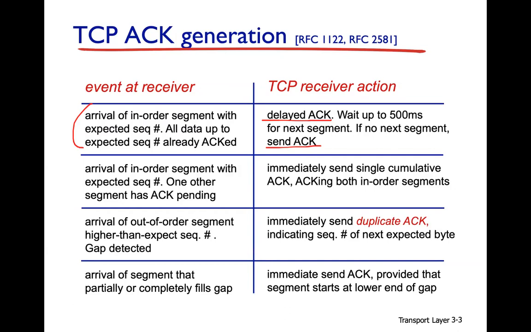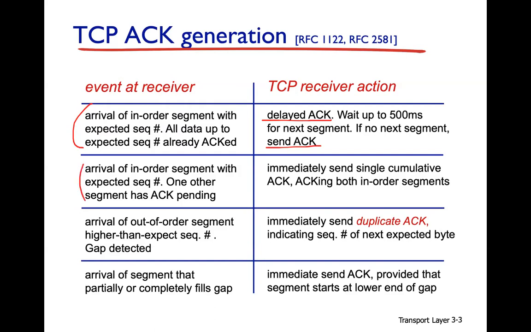So it will save my number of ACKs. ACKs are also packets, right? So you can save, it's much better. So this is the idea. Reduce ACKs. I don't want to have so many ACKs in the network.